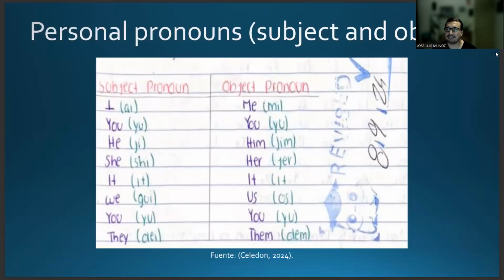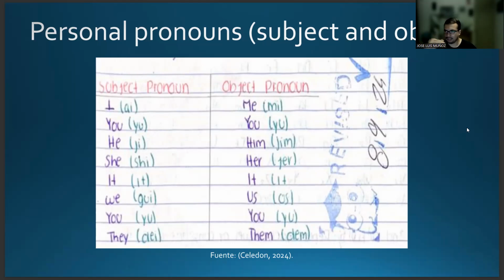Then we have the personal pronouns, subject and object. We have the subject pronouns: I, you, he, she, it, we, you, they. And the object pronoun is the other way to say the person. So I changes to me.